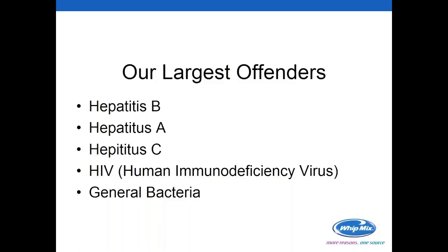Hepatitis C is also another big one. HIV, we still are talking about that, the human immunodeficiency virus, which can then eventually cause AIDS. And then general bacteria, which is everywhere. That's stuff you find because you didn't clean your shower right. You've got maybe some mold, some bacteria growing in there that you need to get cleaned out. Just normal kinds of things like those. Those are the largest offenders that we run into.